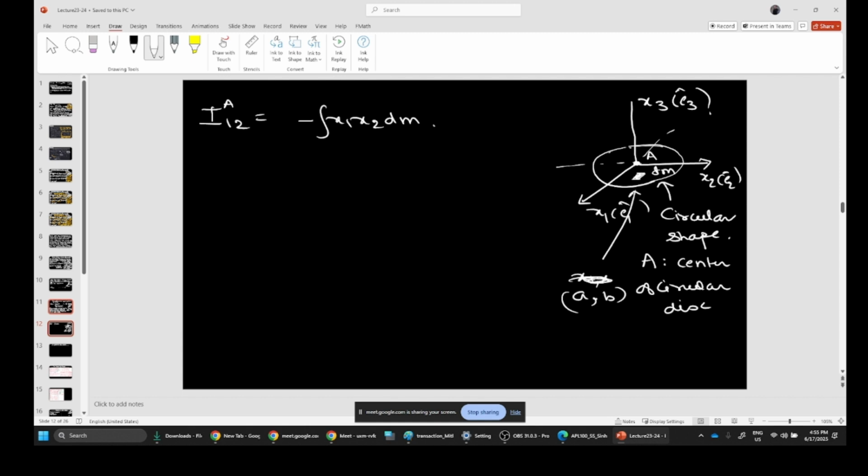Now realize that since it's a circular disk, and I'm saying that the density rho is uniform for the disk, every time you locate a dm with coordinates a comma b, you can locate another element of the same mass but with coordinates a comma minus b.